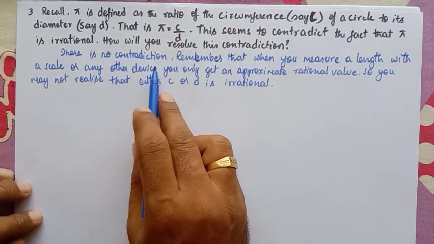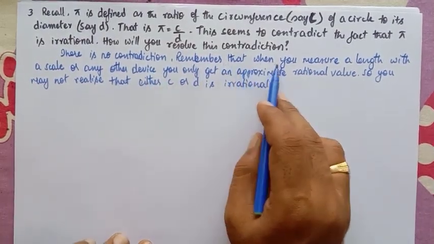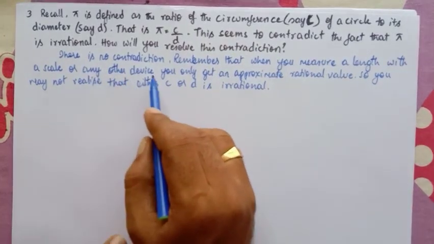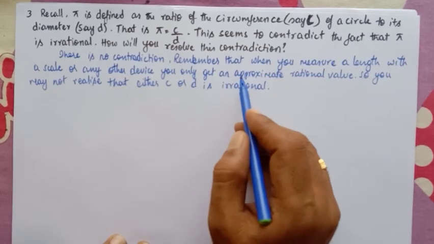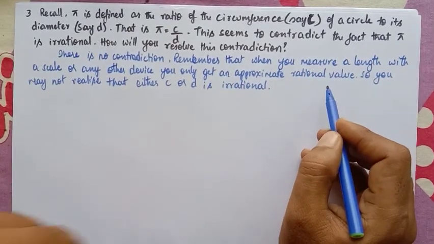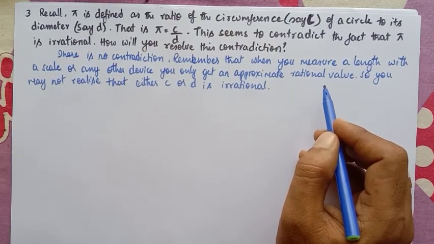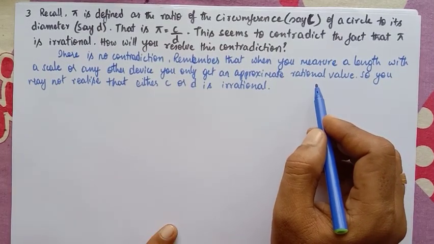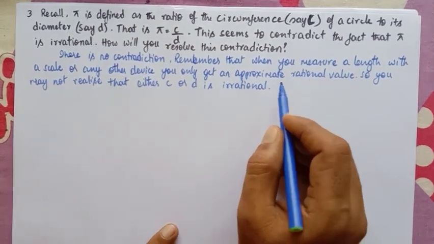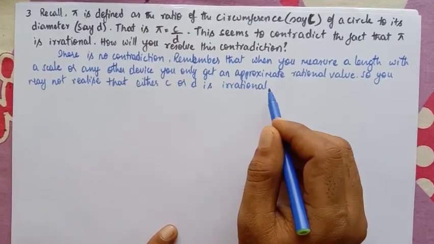There is no contradiction. Remember that when you measure a length with a scale or any other device, you only get an approximate rational value. That is, till date, we have not measured any irrational numbers.